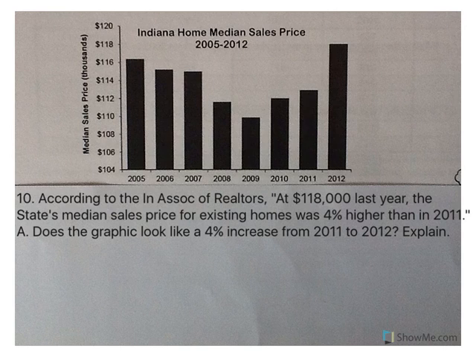In number 10, according to the Indiana Association of Realtors, at $118,000 last year, the state's median sale price for existing home was 4% higher than 2011. So from here to here, they're saying it was a 4% increase. Now, does it look like a 4% increase? And my answer to that is no, it does not look like that.